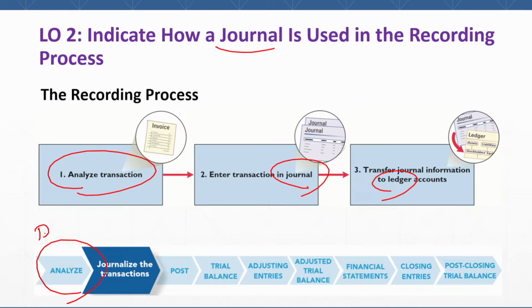At this point, by learning the idea of normal balance and concepts of debit and credit, we should be able to analyze a transaction very well. Then the next step is to learn how to journalize a transaction and record it into our journal. And of course, the next step would be to transfer, to post information from journal to ledger and ledger accounts.